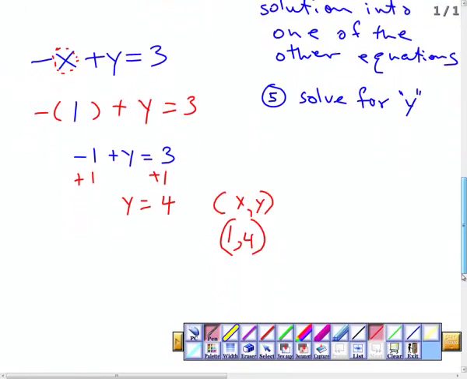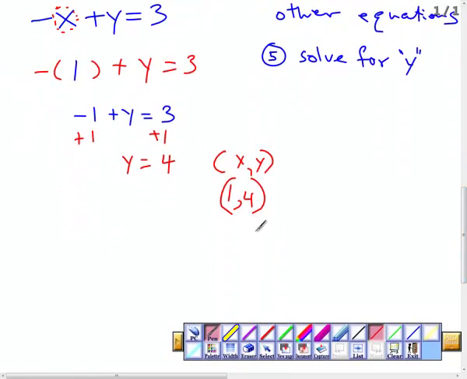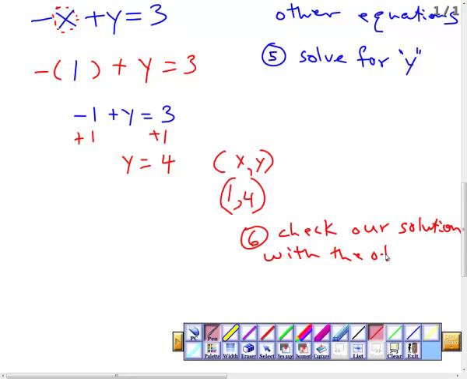Now, there's one more check we want to do here, and that's to check our solution with the other equation.